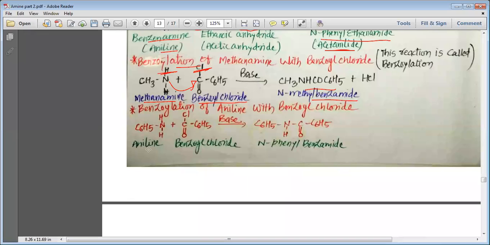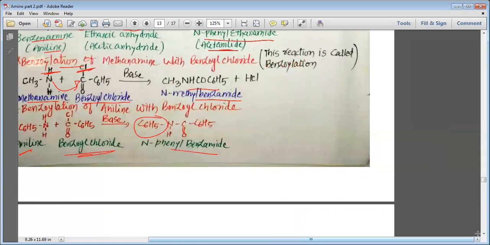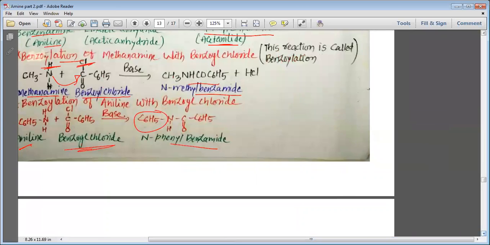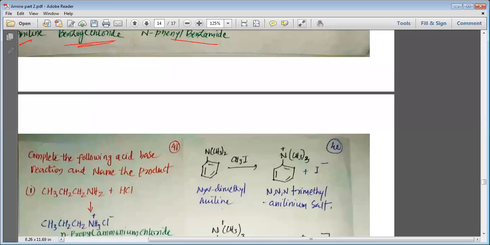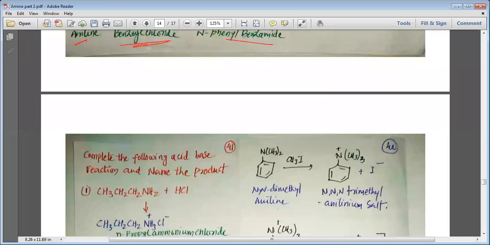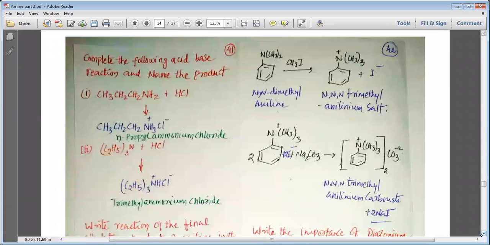Same way, my dear students, if we take aniline and benzoyl chloride, we will get N-phenyl benzamide, because with nitrogen the phenyl group is present. This acetylation, my dear students, is a very important reaction, and many times there are questions asked from these acetylation reactions. So please learn it well.